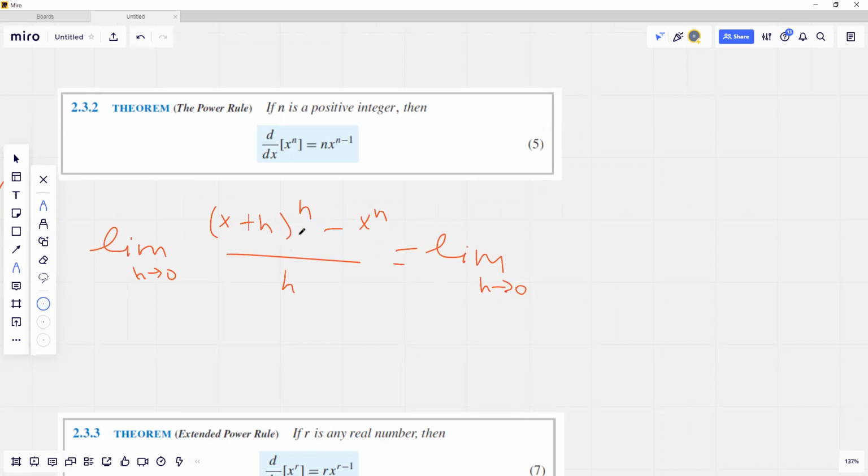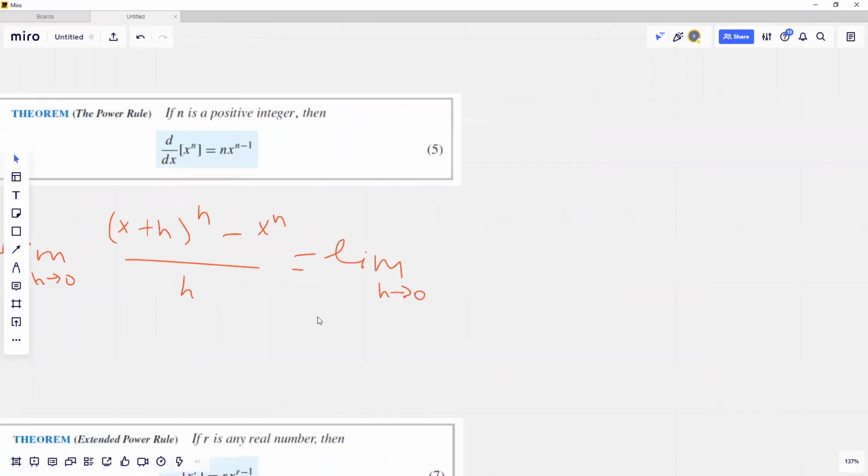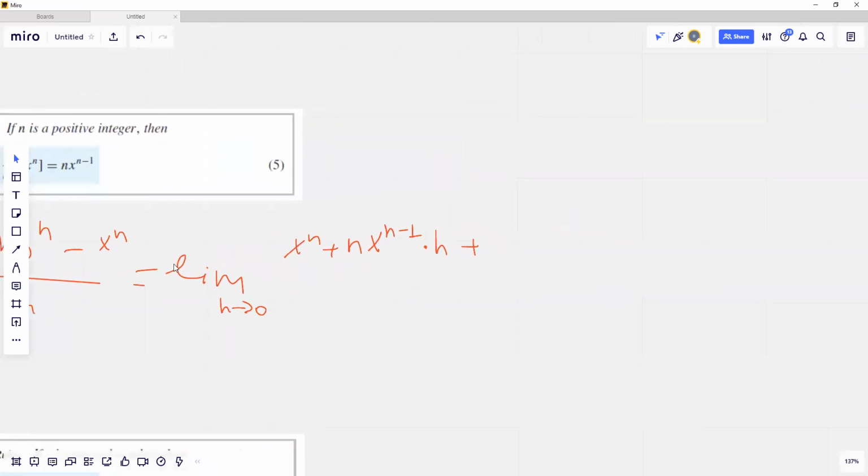This is equal to limit when h is approaching 0. Let's use binomial expansion to open up brackets here. So we'll have x to the power of n plus n choose 1 multiplied by x to the power of n minus 1, which is n multiplied by x to the power of n minus 1 multiplied by h, plus n choose 2, which is equal to n factorial divided by 2 factorial divided by n minus 2 factorial, multiplied by x to the power of n minus 2 multiplied by h squared and so on.